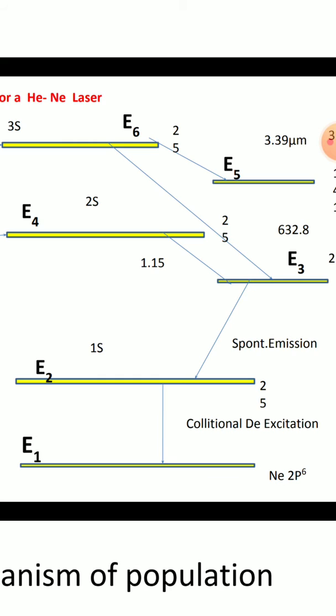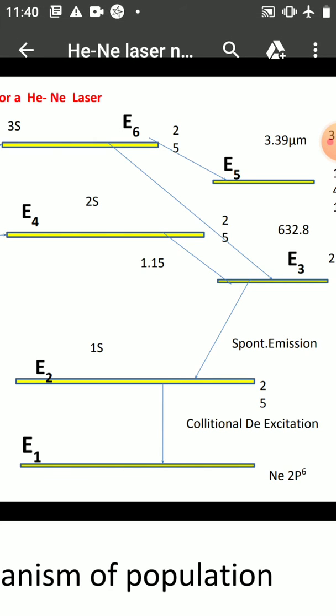Though this diagram shows all three lasers lasing at the same time, it does not happen. Normally it is designed for one wavelength at a time. So either you can have an E6 to E5 transition, or an E6 to E3 transition, or an E4 to E3 transition for a 1.15 micrometer laser.